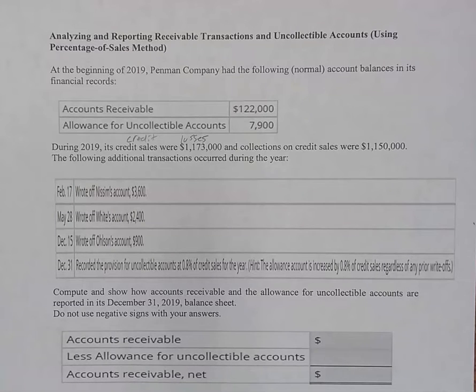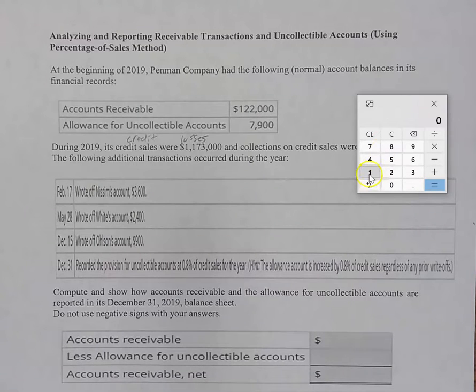Right now, we would say that our net value of accounts receivable at the beginning of the year is simply $122,000 minus this allowance here, $7,900, which equals $114,100. Does that mean that we're going to collect $114,100 of this $122,000? No. This is merely an estimate, and this is actually not part of the question.